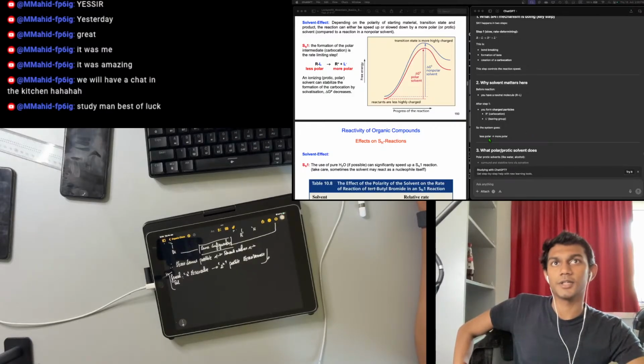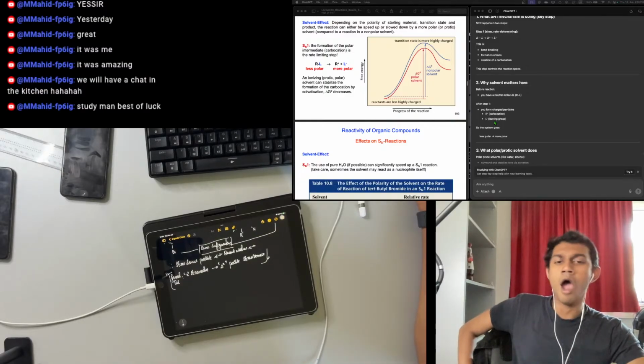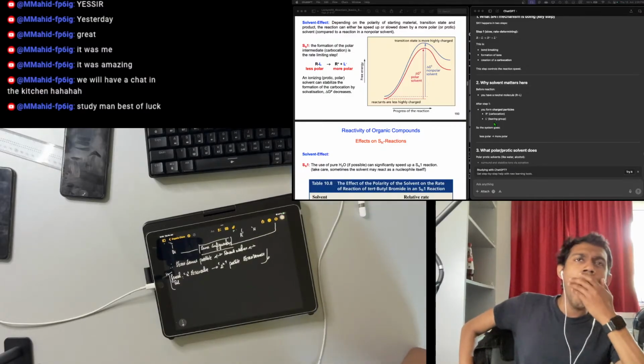So the system goes from less polar to more polar. You form charged particles: R+ carbocation, L- leaving group. The leaving group goes with the electron pair, right? Yeah.